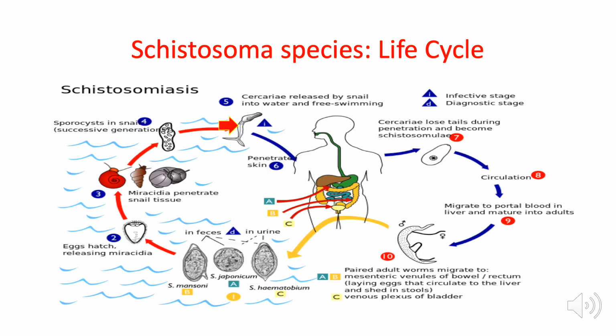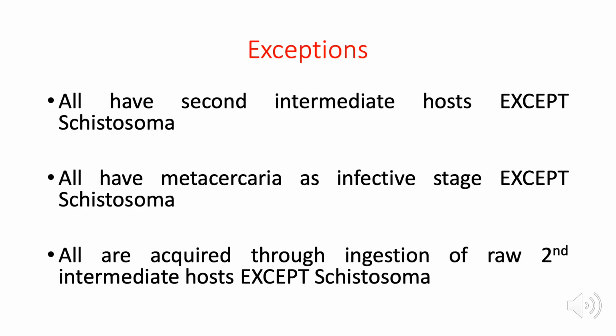How do we acquire infection of the typical trematode? By eating raw second intermediate host. How do we acquire the infection caused by Schistosoma? Skin penetration by the cercarial stage. Therefore, these are the additional exemptions.